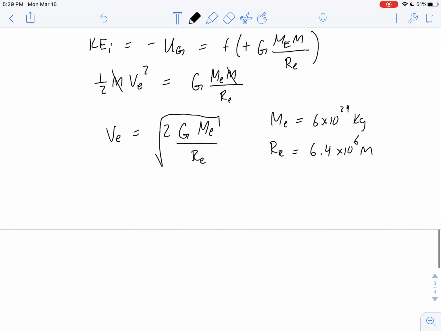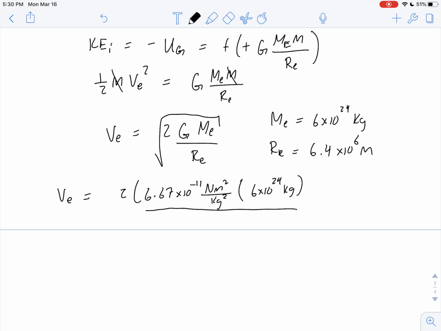And if we plug those values in, velocity escape is equal to 2, big G is 6.67 times 10 to the negative 11 Newton meter squared per kilogram squared, times the mass of the Earth, so 6 times 10 to the 24 kilogram, and then we're going to divide everything by the radius of Earth, which is 6.4 times 10 to the 6 meter, square root.